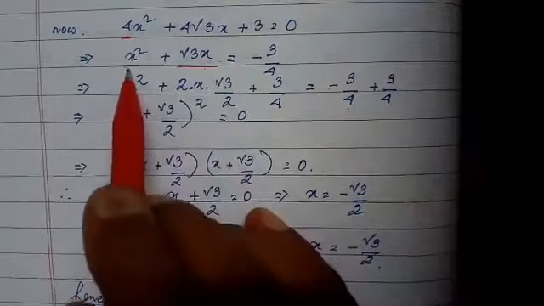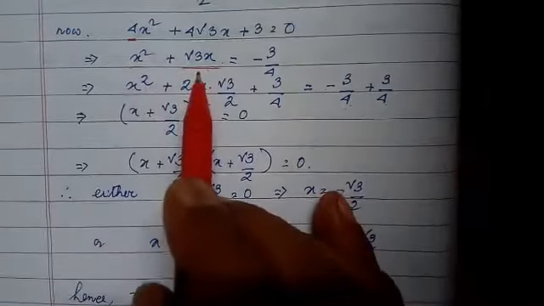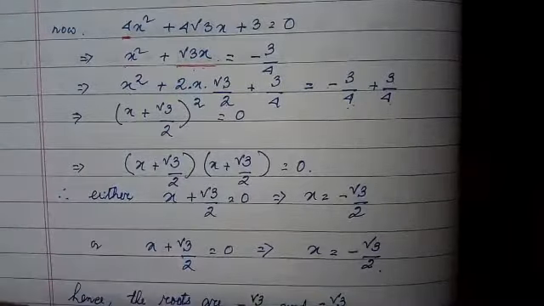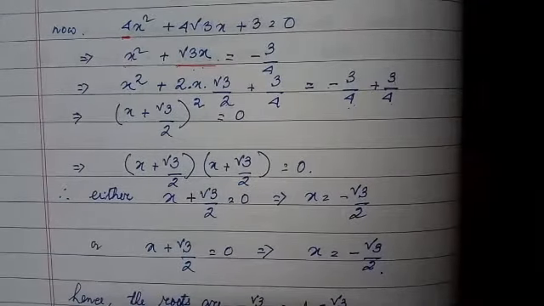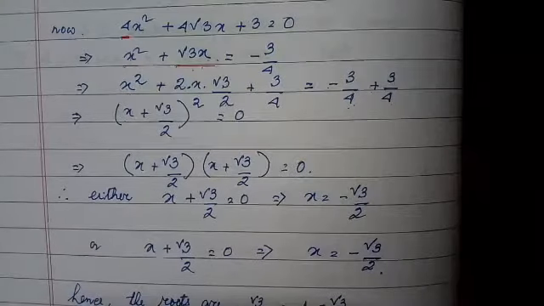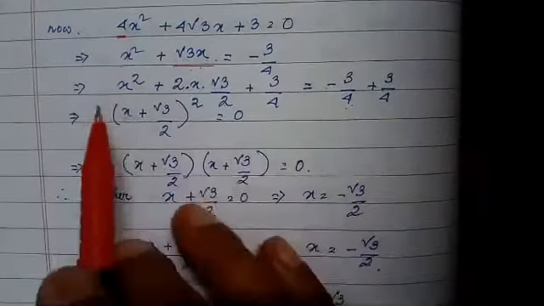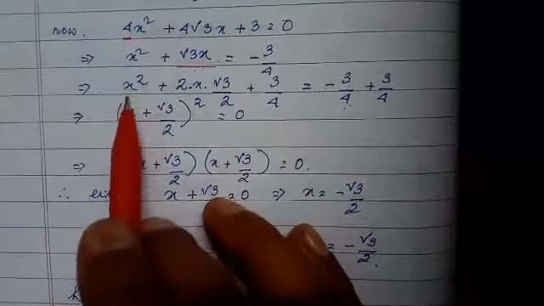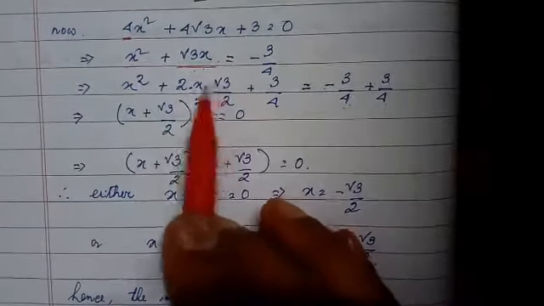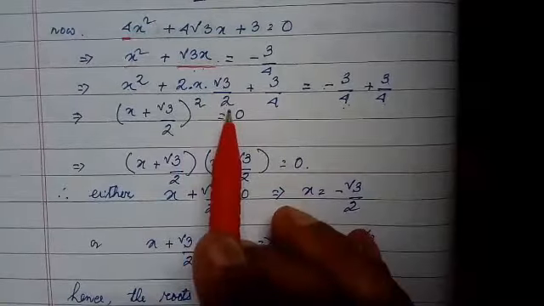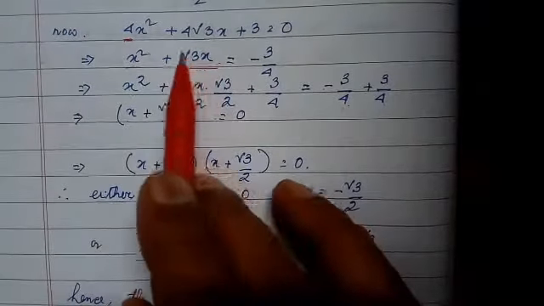Now this term is a square, this term is 2ab. So what more we need to add? Plus b square to both sides, the left hand side and right hand side. So to the left hand side, let us see. X square, that is a square, plus 2 into a into b. We have to choose b in such a way that 2ab term is root 3x.